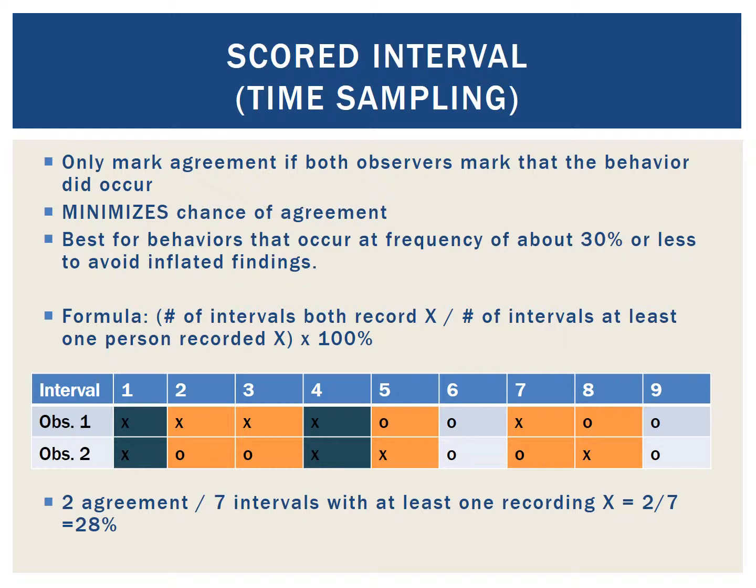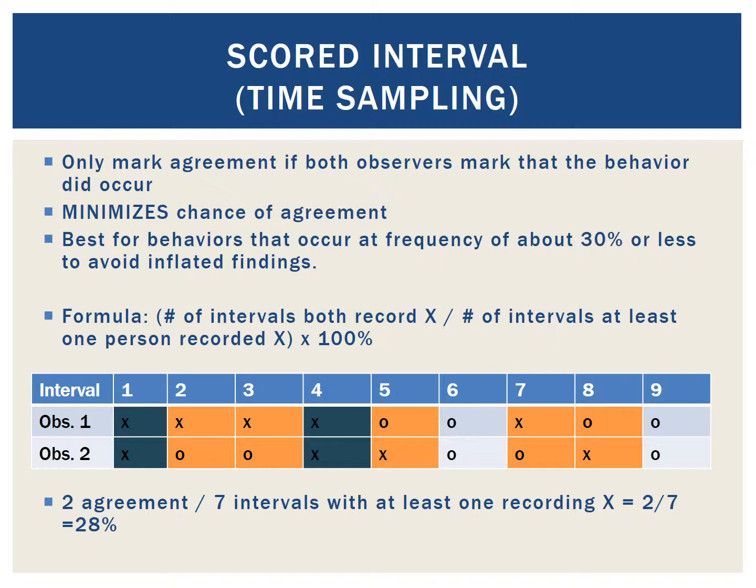A way you can control for that is you can use a method of recording IOA where you only count intervals where at least one of the observers recorded an occurrence. If no observer recorded an occurrence, then you don't count that interval.